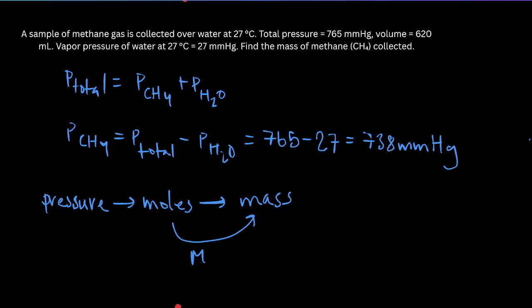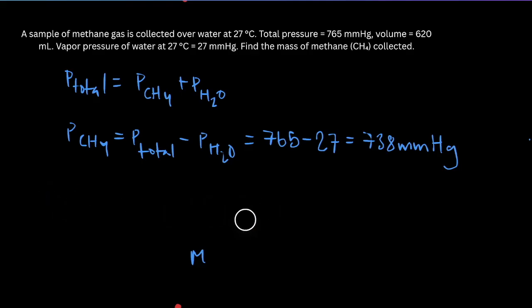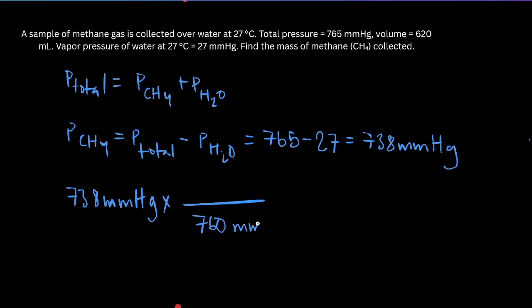So we're going back to our handy ideal gas law for this problem as well. First, remember, the ideal gas law requires us to have units of atm for pressure. So we're going to have to convert this 738 millimeters of mercury into atm.